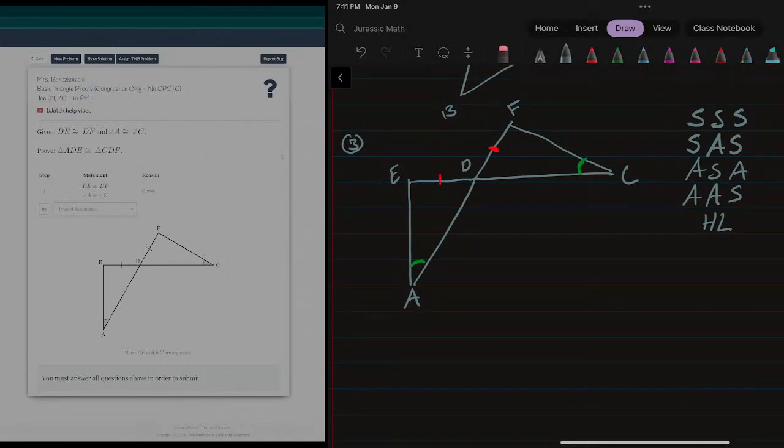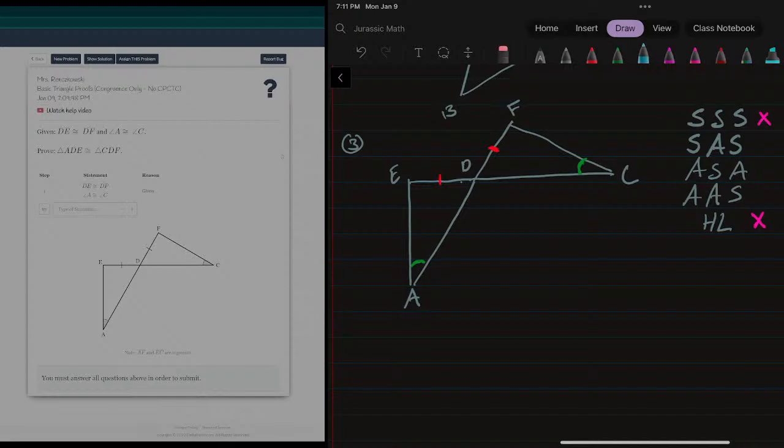Nowhere in here does it say anything about perpendicular lines or right angles. So I'm going to automatically just cross out HL. That's not going to work. I'm also going to cross out side, side, side because we have an angle. So now we need to find either another side or another angle.